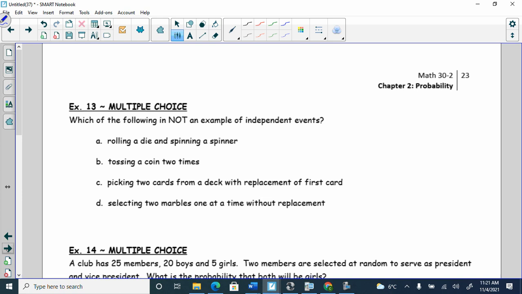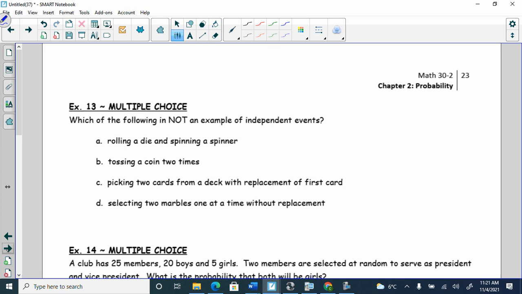Okay, example 13, please. Flip ahead to example 13. We're all looking at example 13, so make sure you're on example 13.